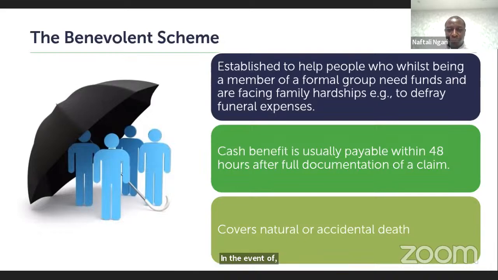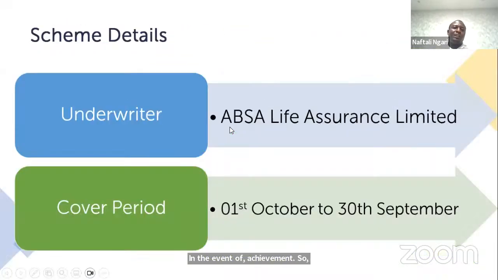So the current benevolent scheme, usually there before, I think it was a pooling arrangement whereby members would contribute into a pot, and in case someone is bereaved, you would be paid a particular amount depending on your contribution. However, eventually, we recommend that the scheme is insured.